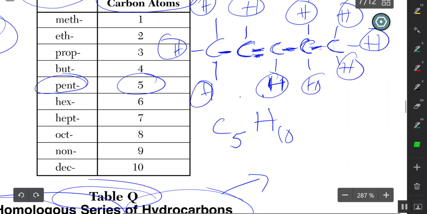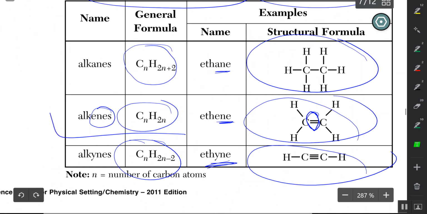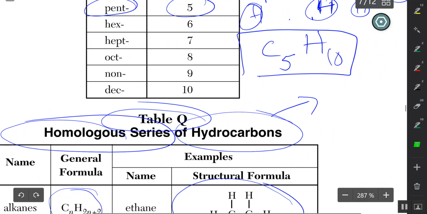And this actually corresponds with the alkene general formula, which says that C the number of carbons, N, and H double the number of carbons will always reference an alkene. So in that case, we have C5, the number of carbons is 5, H was double the 5 to give me 10. So this is an alkene.